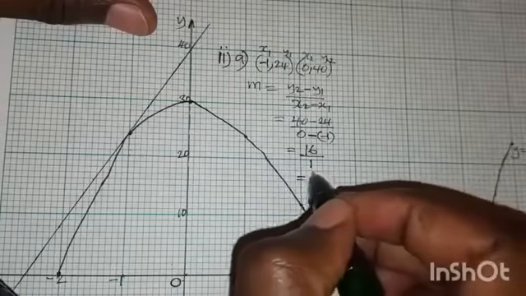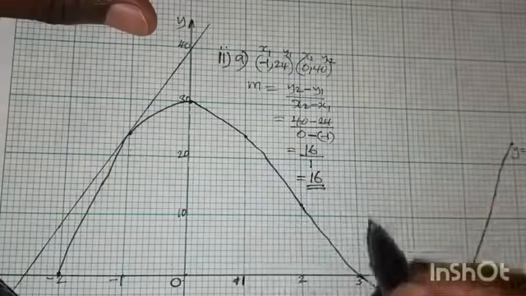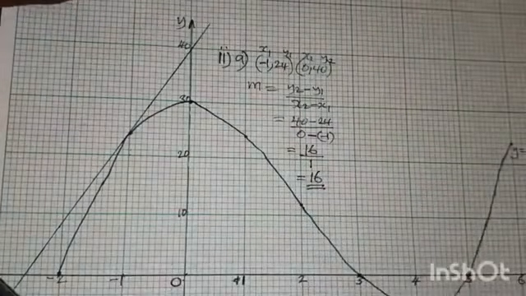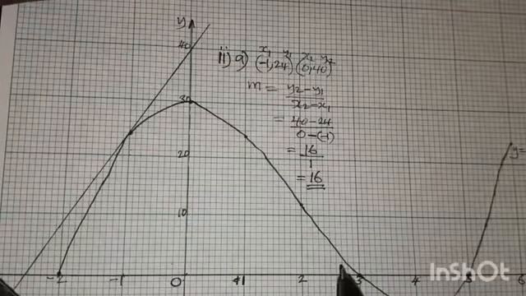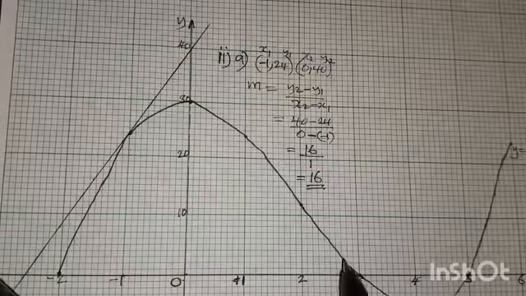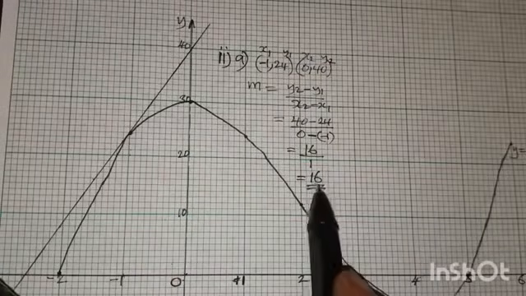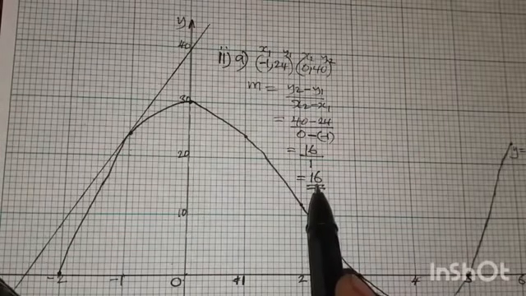So the gradient is 16. This is the estimated gradient, which is 16. The gradient may not be exact as you may find when you try this out, because this is just an estimate. Your estimated gradient should be close to the true gradient.